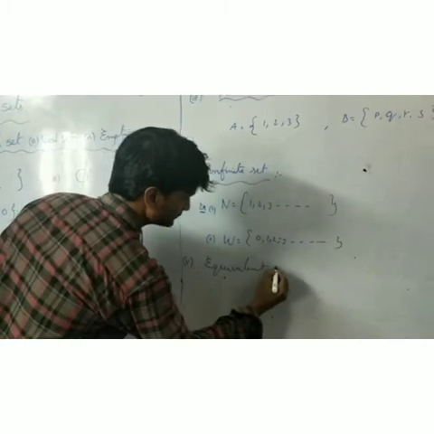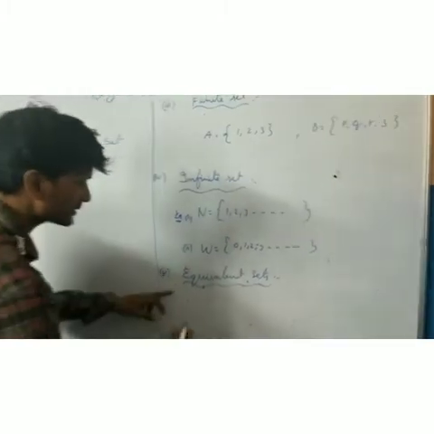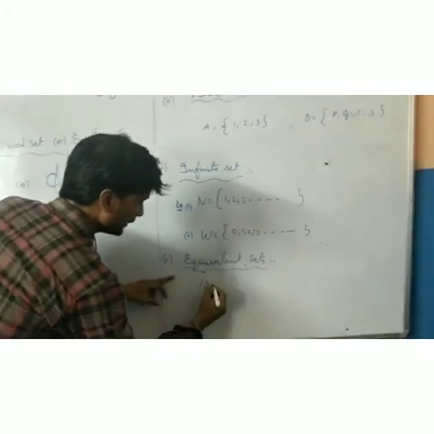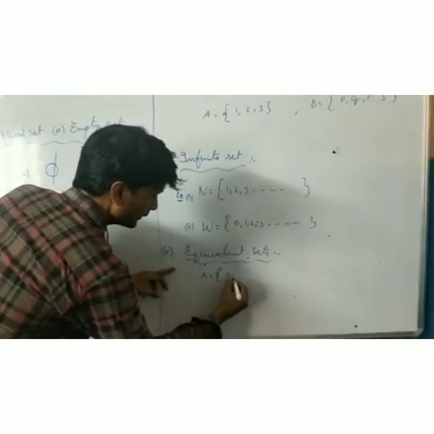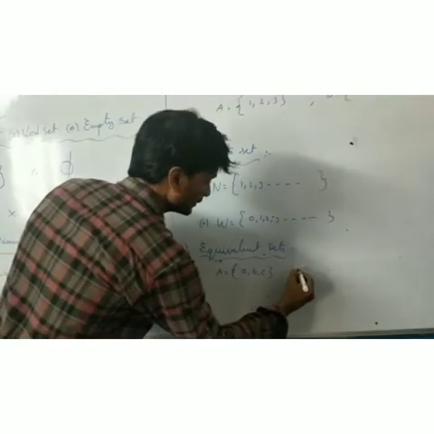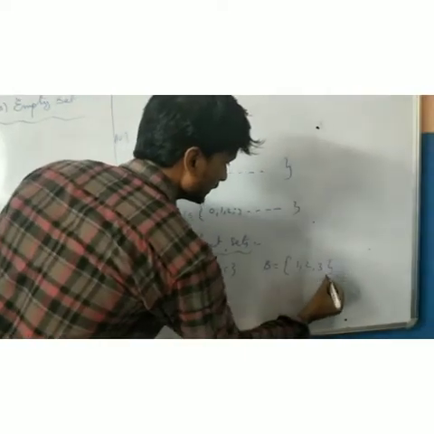equivalent sets. Equivalent sets means, for example, A equal to {a, b, c}, B equal to {1, 2, 3}.